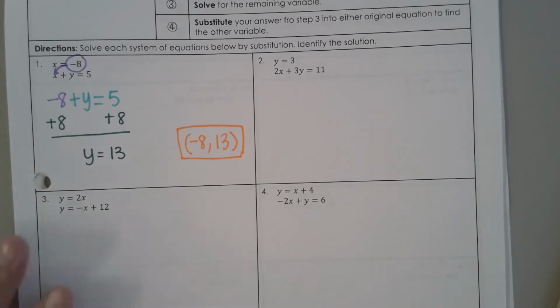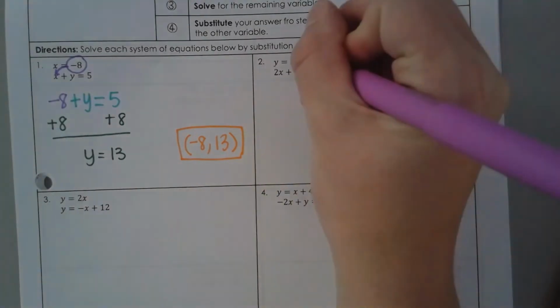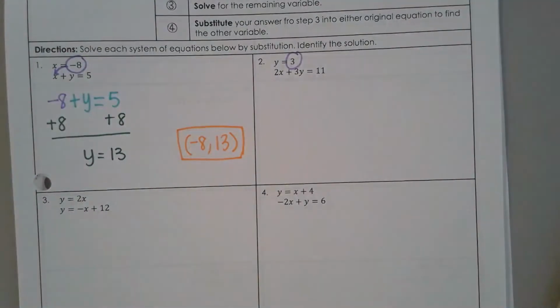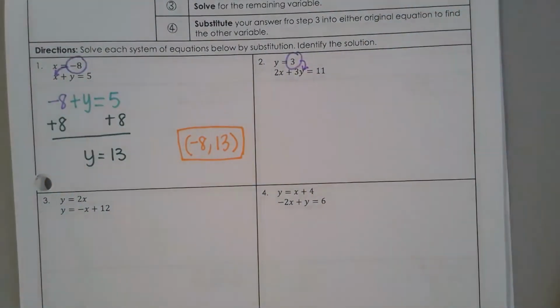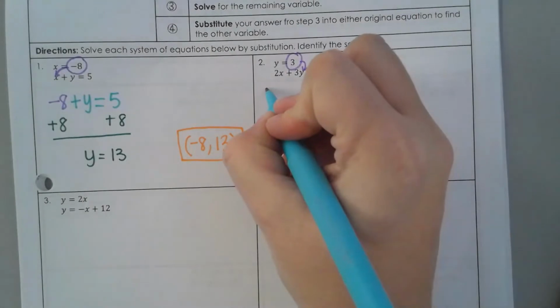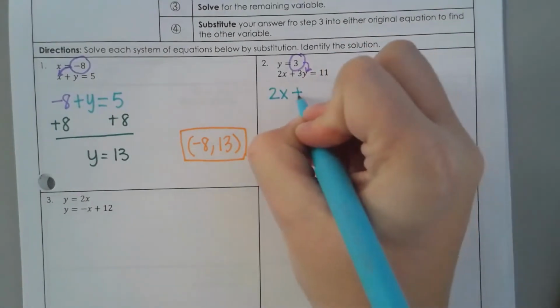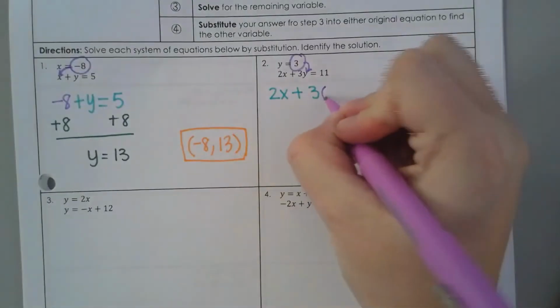So number 2, y equals 3. So I'm going to take that 3 and plug it in for y, because it's y equals 2x plus 3, and then my y is 3.